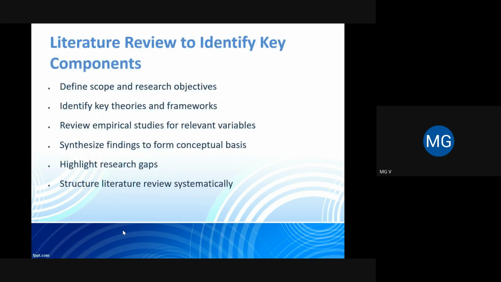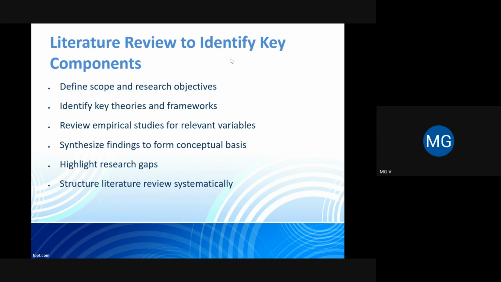Okay. Now, literature review to identify key components. A structured literature review helps identify key components of a conceptual model. The first step is defining the review scope and research objectives to ensure focus. Reviewing existing theories and frameworks provides foundational knowledge.